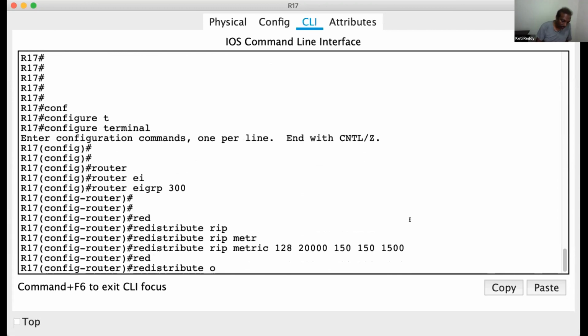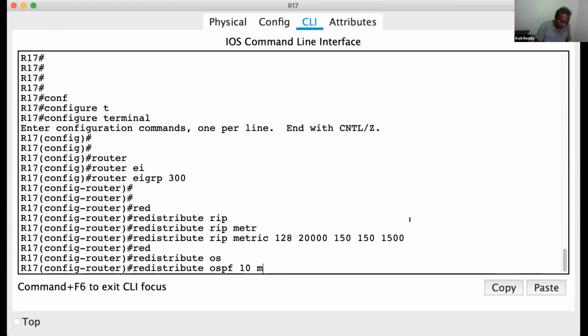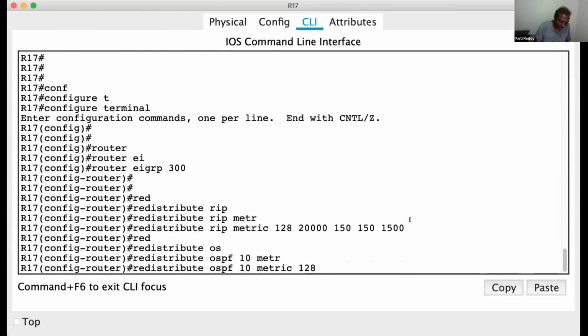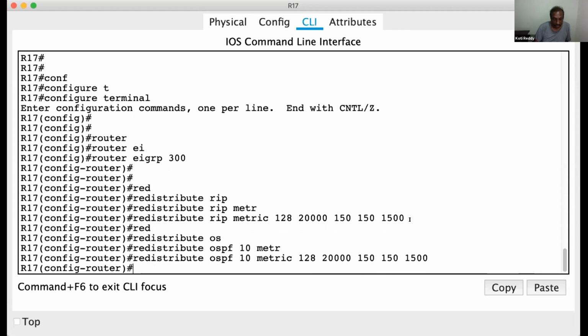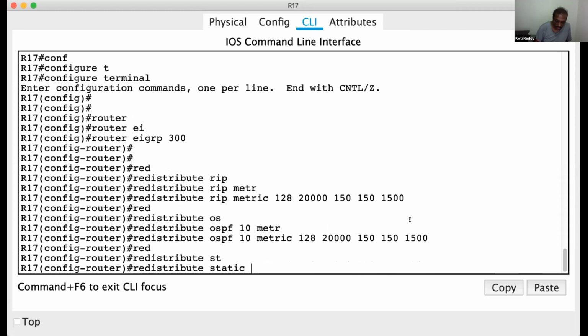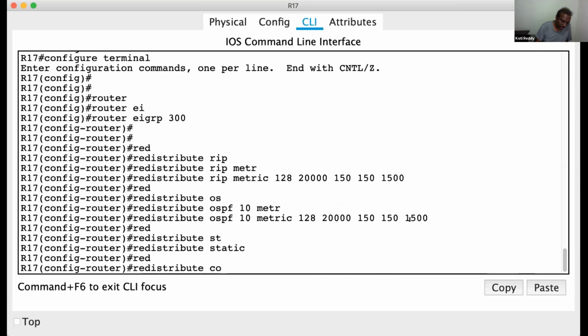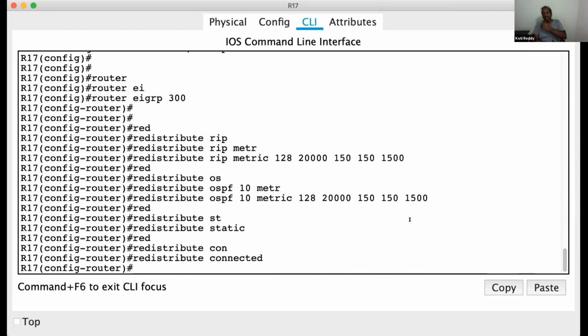Similarly, redistribute OSPF 10 with metric 128 20,000 150 150 1500. Redistribute the static routes. Redistribute the connected routes. These are the commands I give in R17 to redistribute from other routing protocols into EIGRP.